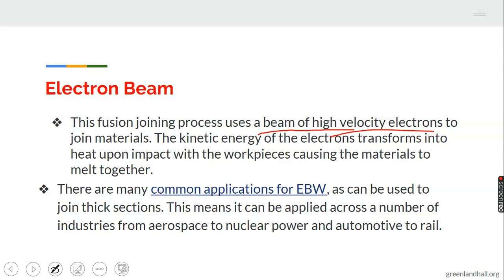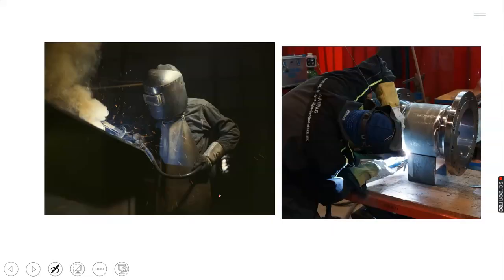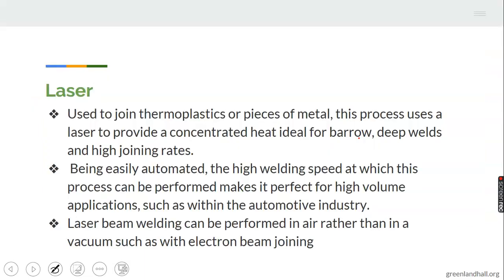There are many common applications for EBW, electron beam welding, as it can be used to join thick sections. This means it can be applied across a number of industries, from aerospace to nuclear power and automotive to rail. Now look at someone performing electron beam welding.